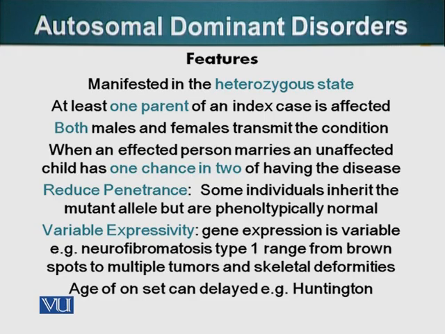In autosomal dominant disorders, although an individual has the gene for a particular disease, the symptoms could be very mild. Another person who has the same mutation, talking about two people with the same genotype, one is showing mild symptoms, the other is showing very drastic symptoms.